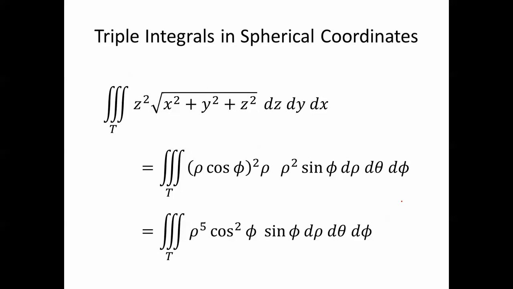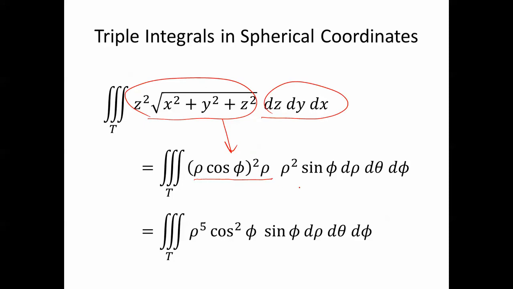Okay, so the integral of z squared times the square root of x squared plus y squared plus z squared dz dy dx becomes rho cosine phi squared times rho. That's where the integrand comes in. And rho squared sine phi d rho d theta d phi. That's what dz dy dx becomes. So when you multiply all of this out, you end up with rho to the fifth cosine squared phi sine phi d rho d theta d phi, a triple integral.